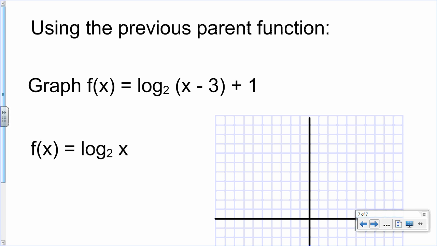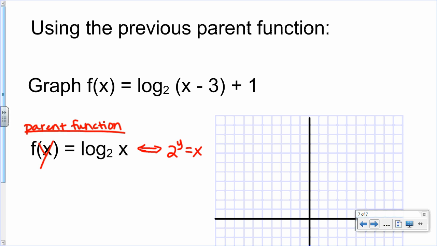So for this function f of x, the parent function is y equals log base 2 of x. Without the minus 3 and the plus 1, it's just the base with x. Remember how to graph log functions: rewrite them in exponential form, and plug in for y.